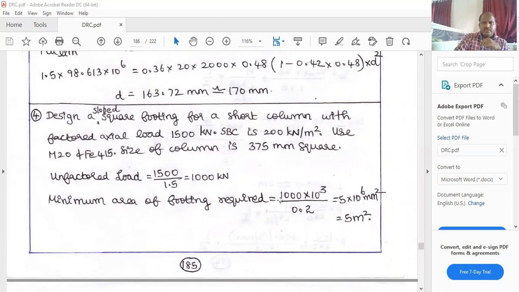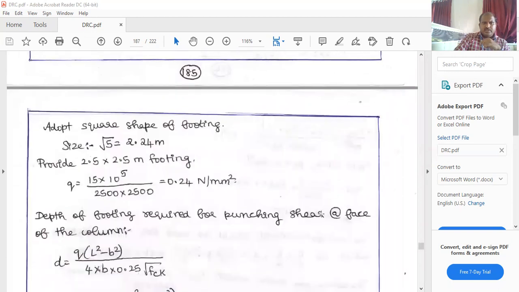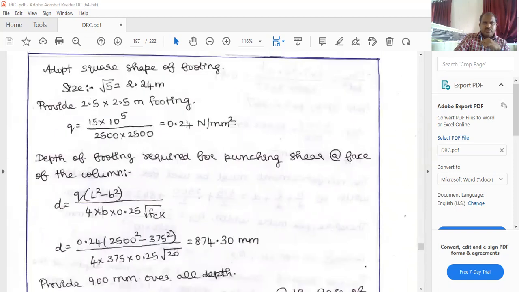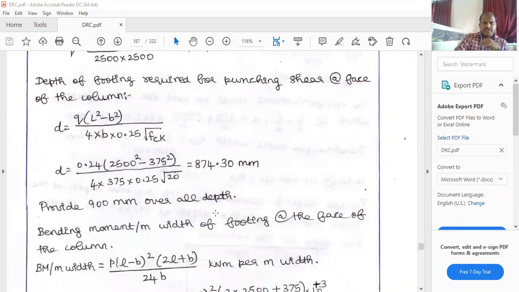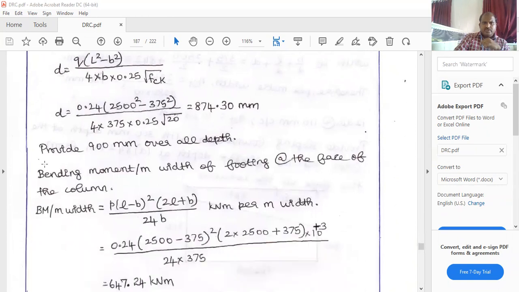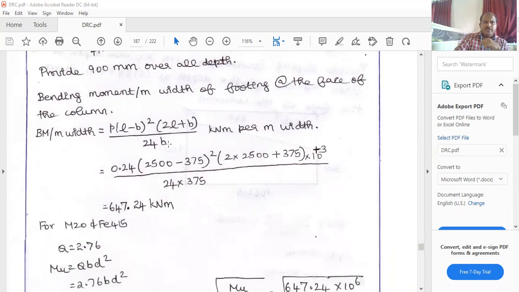Minimum area of the footing required is 5 meters square, and adopt the square shape of the footing, that is size of the footing is 2.24. So provide 2.5 by 2.5 meter footing, and q is nothing but 0.24 Newton per mm square. Depth of the footing is nothing but 874.30 mm. So we have to provide 900 mm overall depth of the footing.